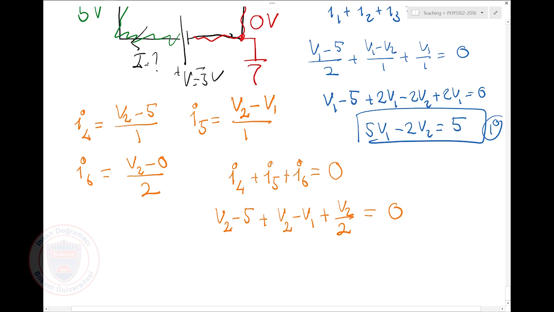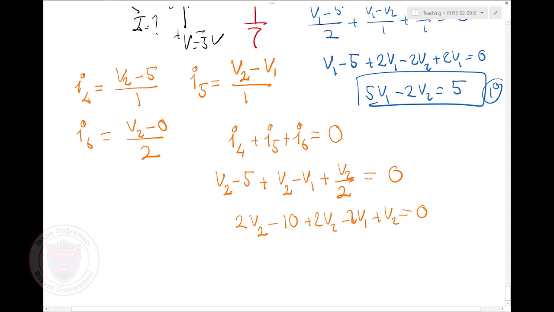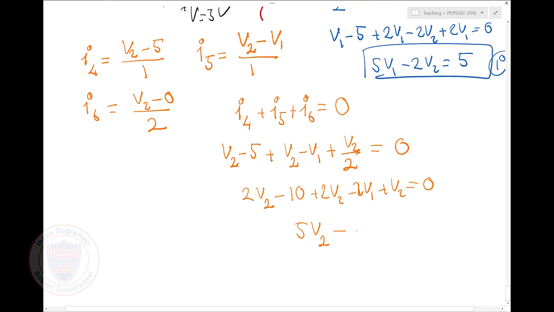I'm going to multiply by 2: 2V2 minus 10 plus 2V2 minus 2V1 plus V2 is 0, or 5V2 minus 2V1 is equal to 10.